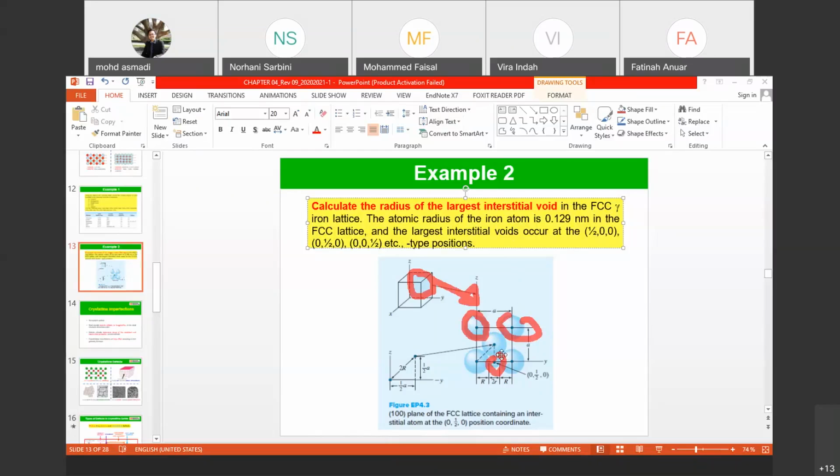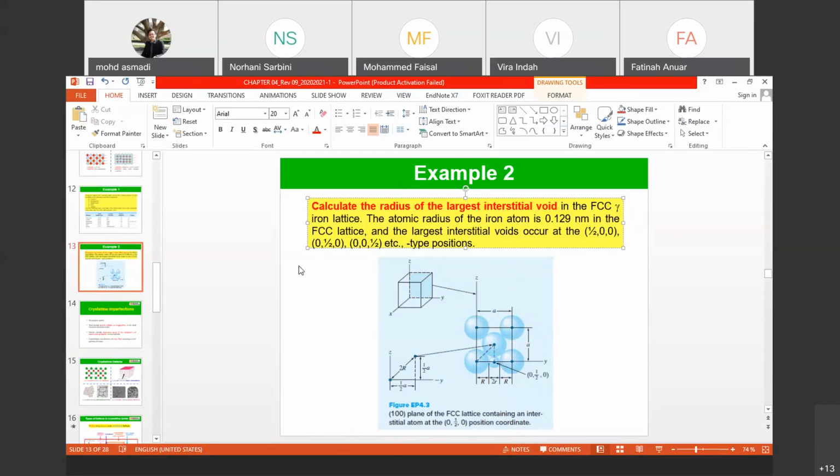What you have to do is calculate the radius of the largest interstitial void. What is the radius r? Because there is an interstitial, there is a defect there.